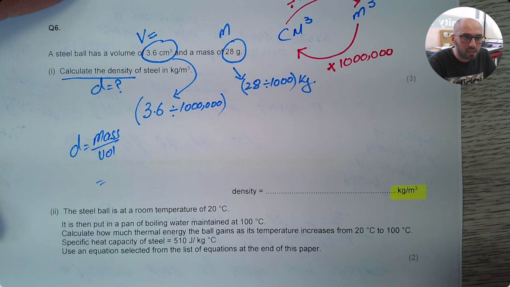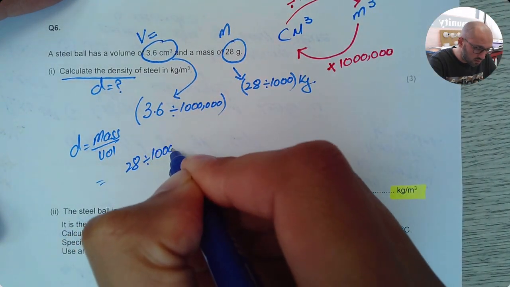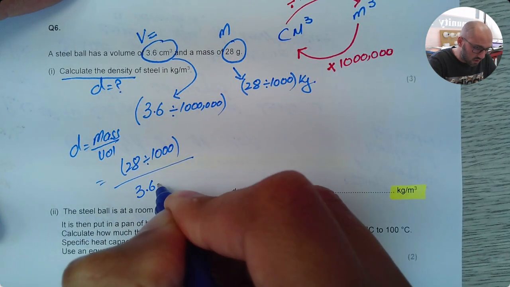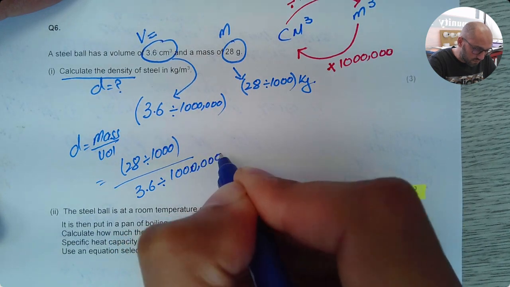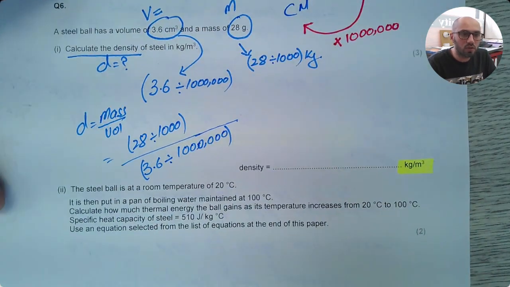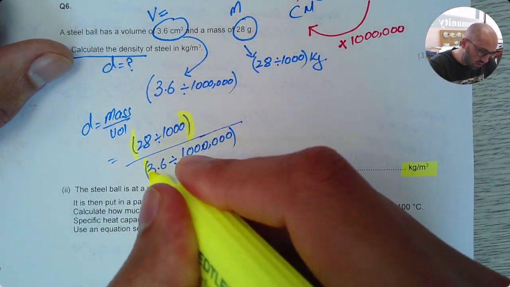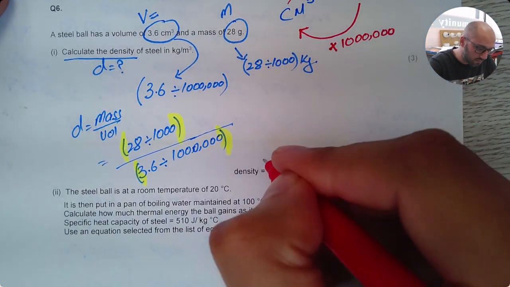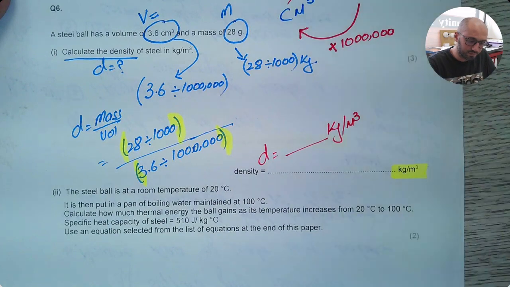I will then replace mass with the value, which is 28 divided by 1,000, and I'll replace volume, which is 3.6 divided by 1,000,000. Now, when you're plugging it in your calculator, you have to make sure you put these brackets around, and it'll give you the value of density in kg per meter cube.